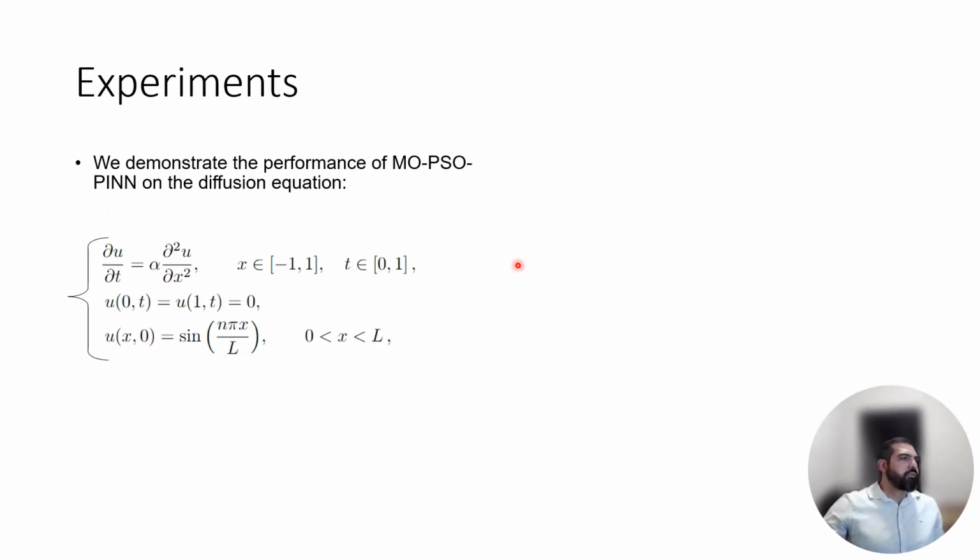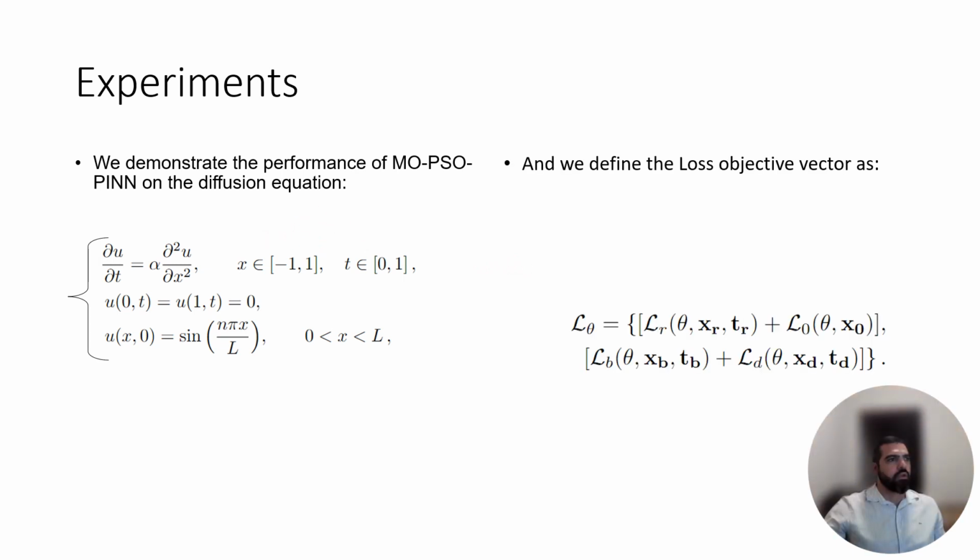We use the diffusion equation as an example here. And we define the loss objective vector as this vector of two positions. There are a couple of reasons to use composed losses here. The first is to better visualize the Pareto front. It will be easier to see if we use just two dimensions.